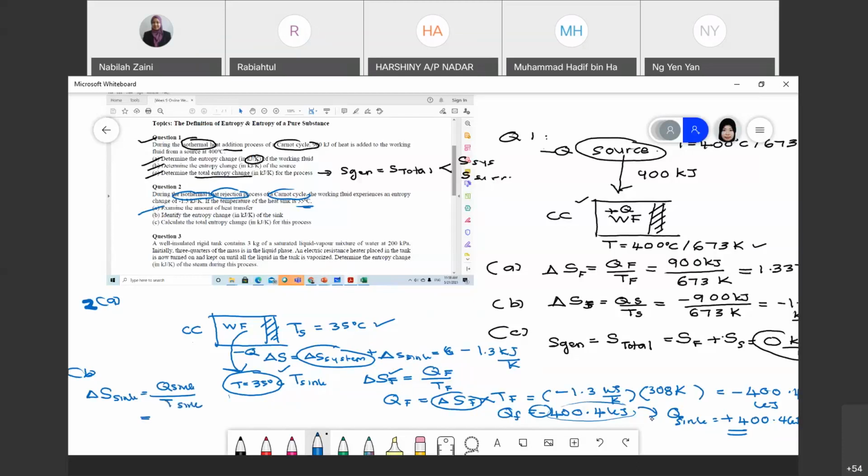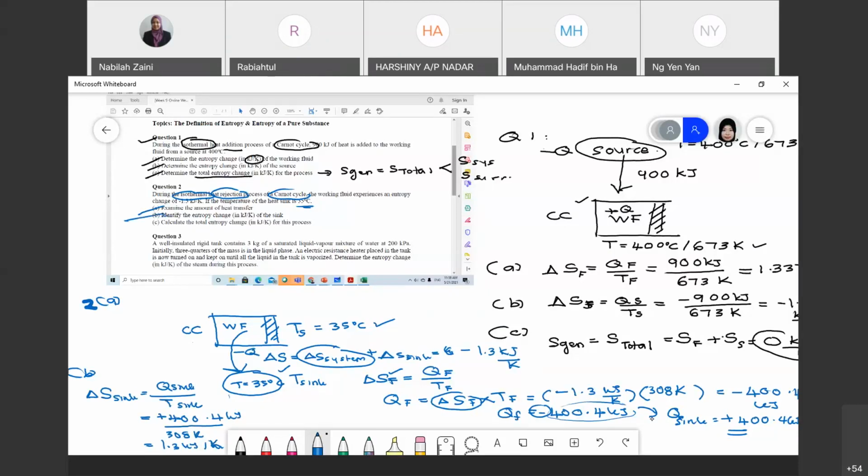Q sink is positive 400.4 kilojoule over T sink of 308 Kelvin, and you get about 1.3 kilojoule per Kelvin. So this is the answer for B.